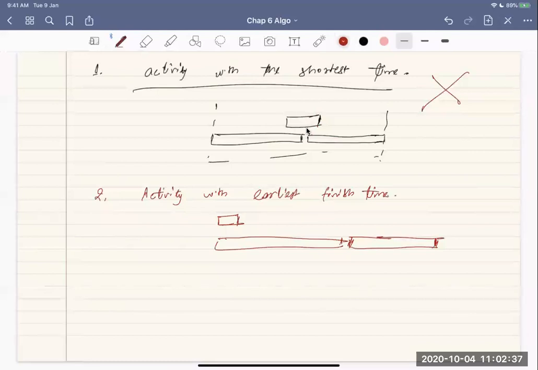But even if you create an example like that, generally I will choose an optimal solution as this and this, but I don't care about how much time the resource has been utilized. This is good because it is utilizing the resource for the maximum time. But on the other hand, suppose I choose this and this. This is fine. This will still give me a subset of 2. So that means this is not a good counterexample.